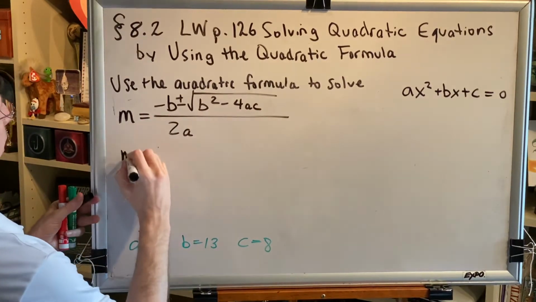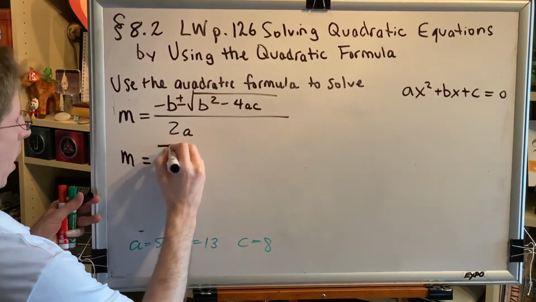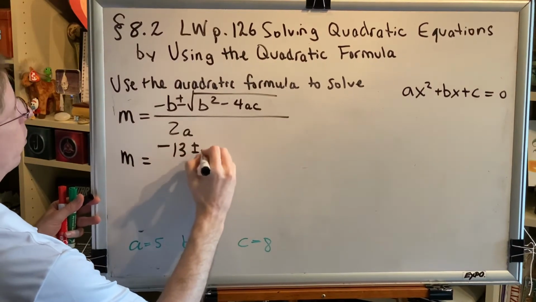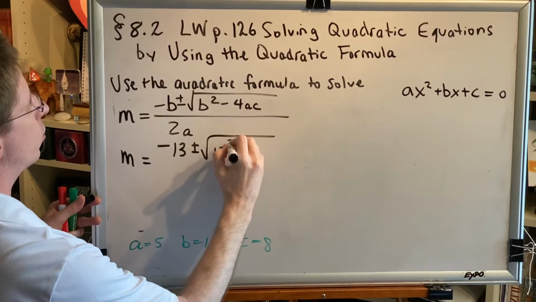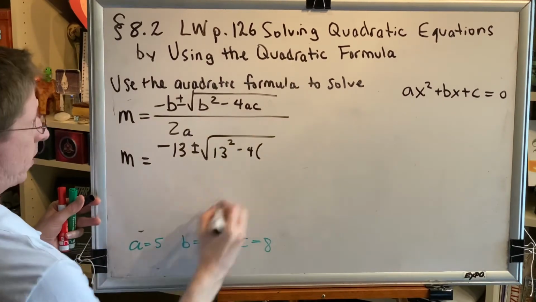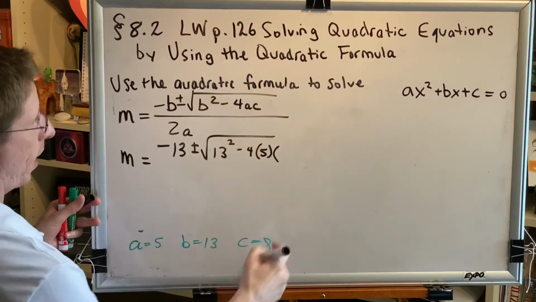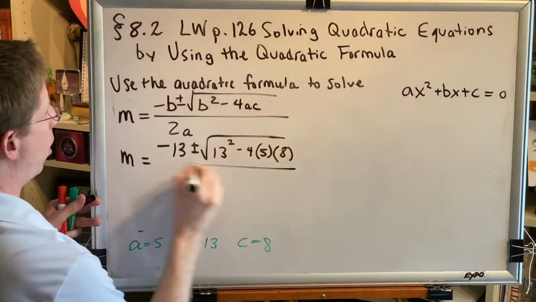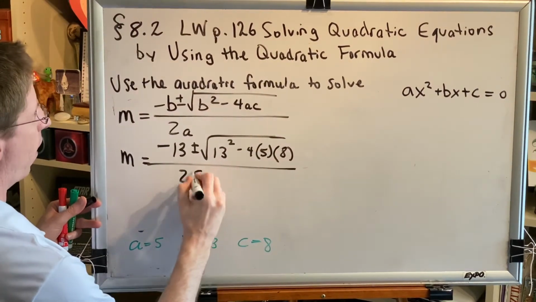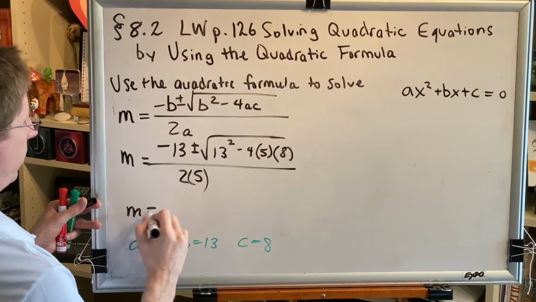All right, now we're going to plug in. So we get opposite 13 plus or minus the square root of 13 squared minus 4 times 5 times 8 all divided by 2 times 5. All right, let's simplify.